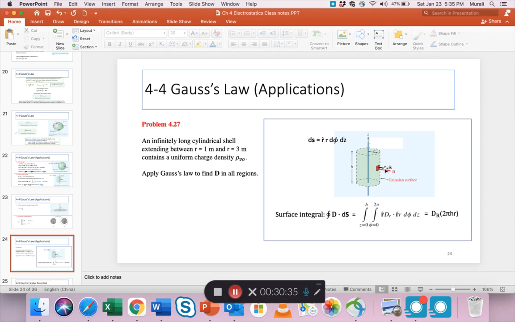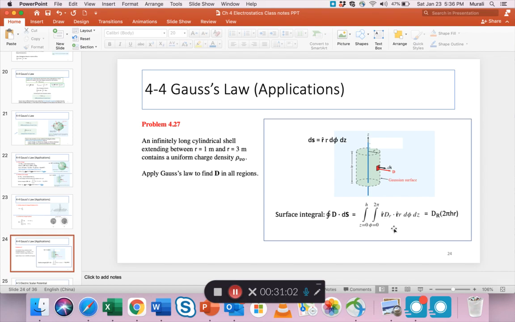Now, dS, I think, is why I brought this drawing. dS is to be shown like this, because it's normal to the surface and to the Gaussian surface, remember. And then the surface integral on this surface is written like this, integral D dot dS, where both are vectors, which become scalars because we do the dot product.